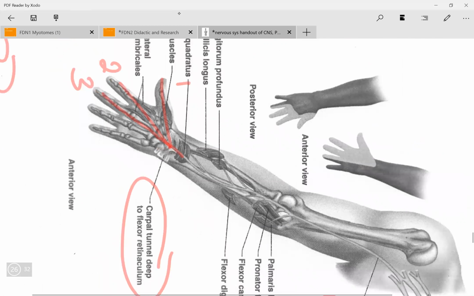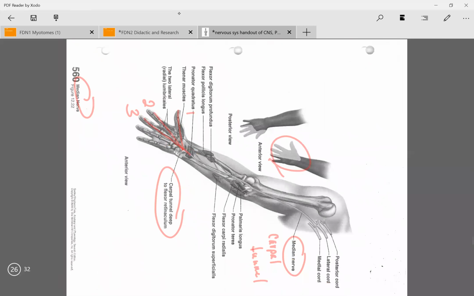So the sensory area is the thumb, the first finger, the middle finger, better said, digit 1, digit 2, digit 3, and then the thenar area, which is like the fat pad of the thumb.